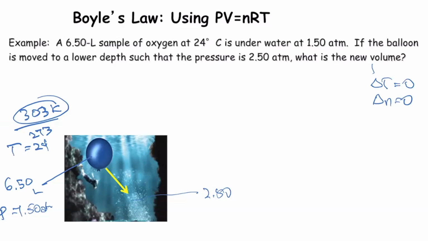When you're just looking at pressure, volume, and the moles, and the temperature is constant, that's Boyle's law. So the new volume that we calculate should be smaller. It makes sense. You're going to a place of greater pressure.